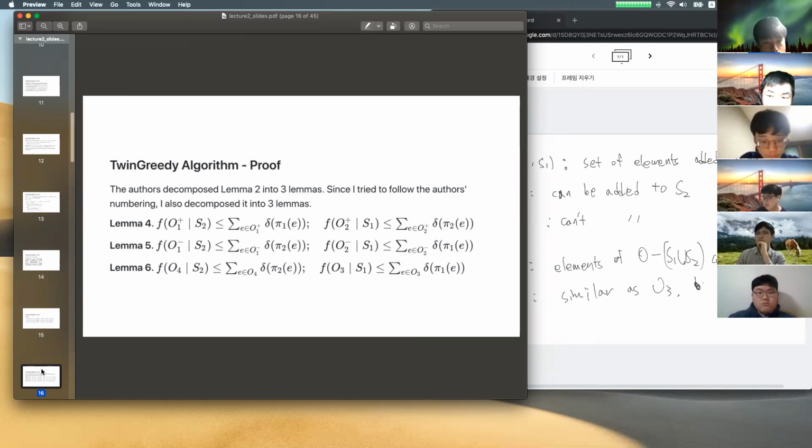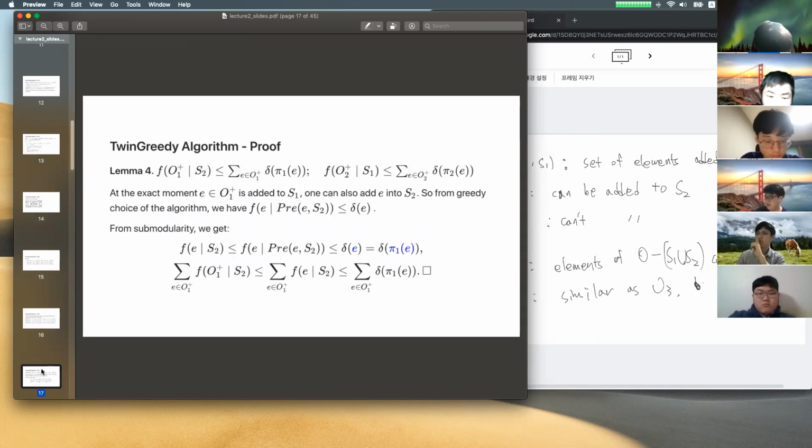We will see the proof of the first lemma. Since the left and right statements of each lemma are similar, we will just prove the left statement for each lemma.